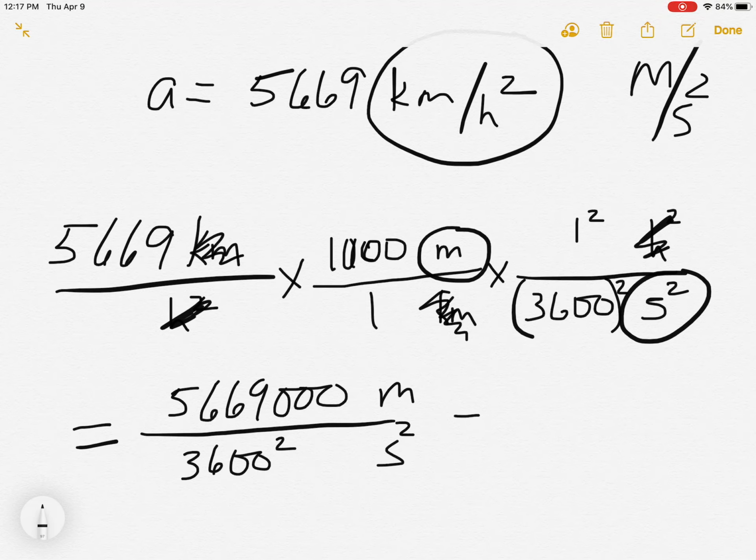I have meters per second squared left over. So all I got to do now is do the math. I take 5669000, divide it by 3,600, press your square button, press equals, and you get 0.44-ish meters per second squared. And that's how it basically works.